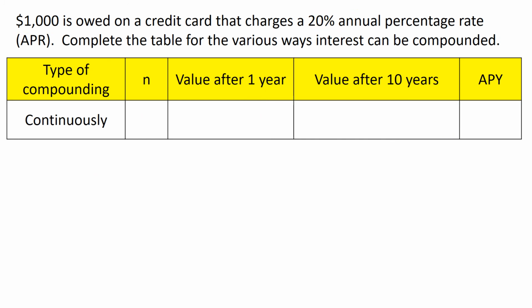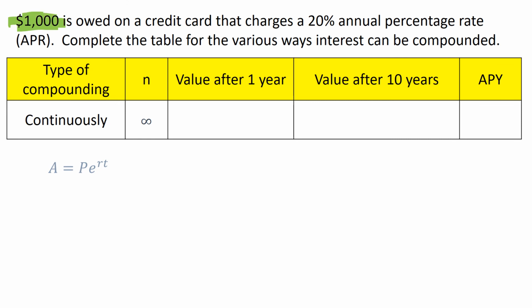Okay, here let's look at what happens when interest is compounded continuously. For that we have to use this formula. My principal is P, so that's 1,000. We have that over there. I'll use a lighter highlighter.